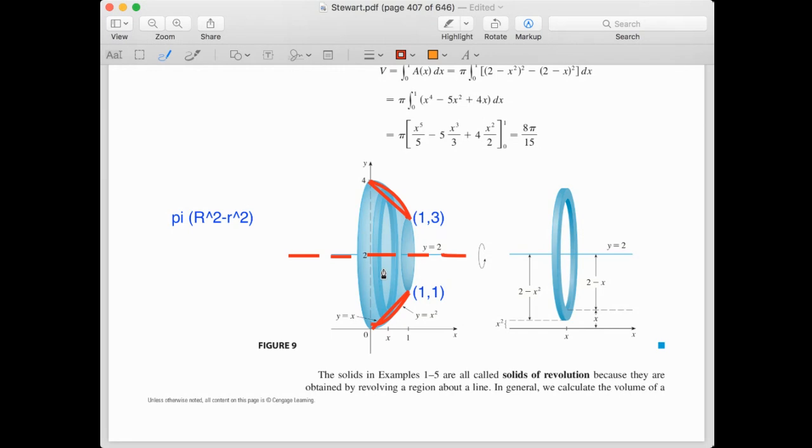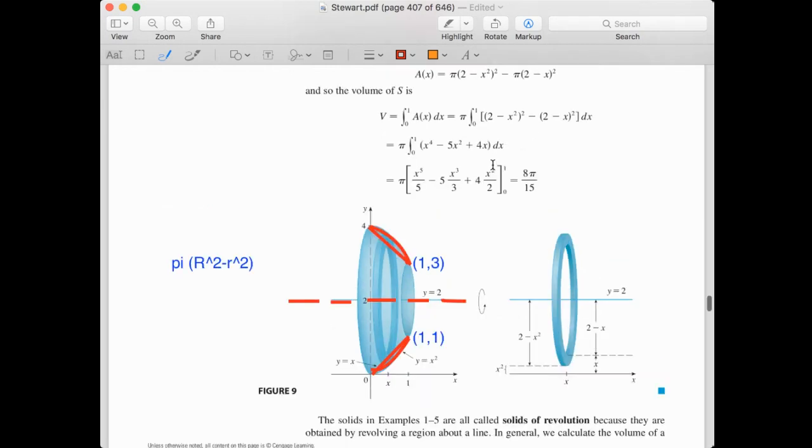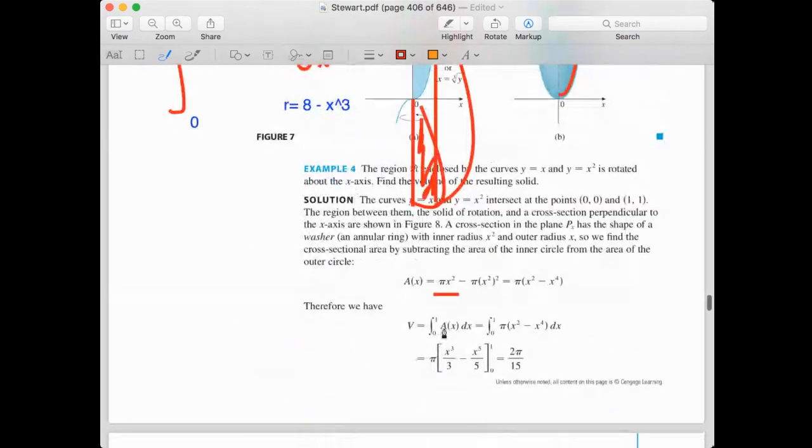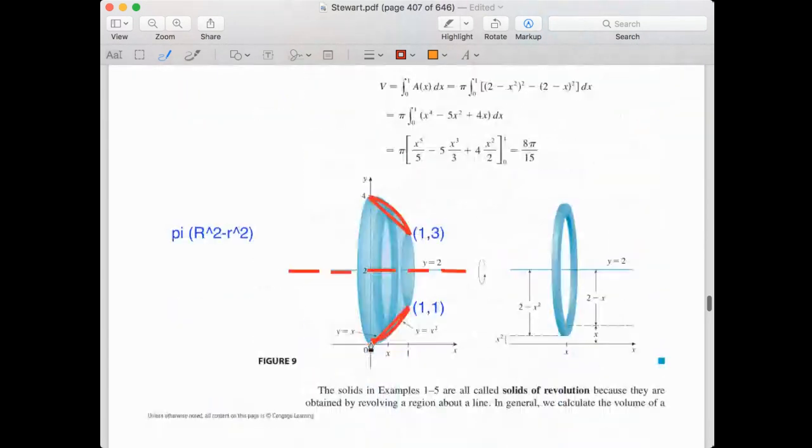So again, the task is to find the big R and the small r, like we see here. We need to find these two radii.